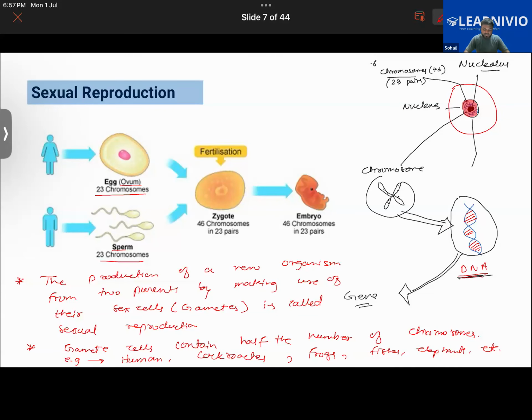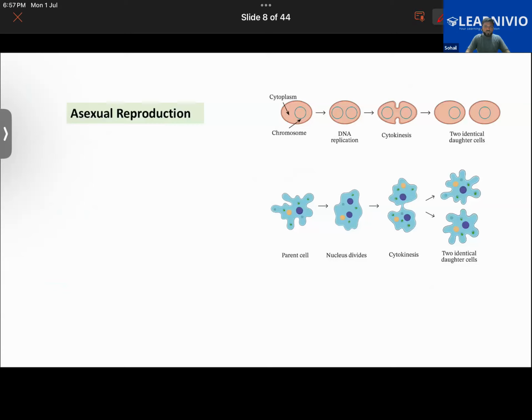If anyone's left, please let me know. In a moment, we'll come back to sexual reproduction, but let me give you a brief about asexual reproduction. We talked about chromosomes moments ago, so in that perspective, how is asexual reproduction different?